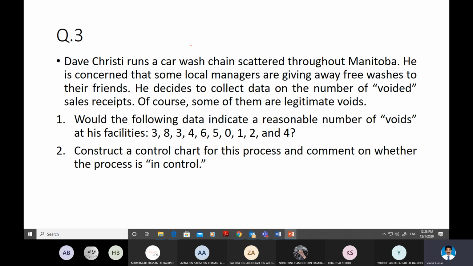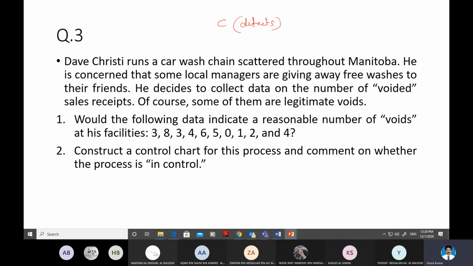Defects means in one item there are 4 defects, say one hotel, 10 complaints. This is called a control chart for defects, or C chart. So now we are going to discuss the C chart, which is the control chart for defects.